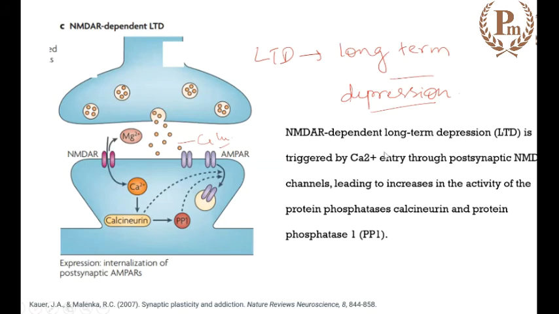But in the case of LTD, this same calcium goes and binds with calcineurin. Calcineurin stimulates protein phosphatase 1. And what does protein phosphatase 1 do? It causes the internalization of the AMPA receptors. So how is it different from LTP?